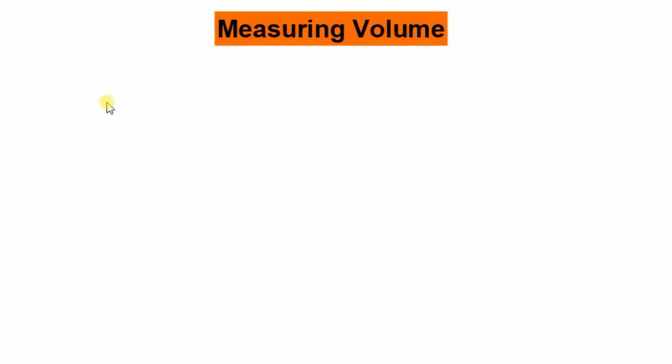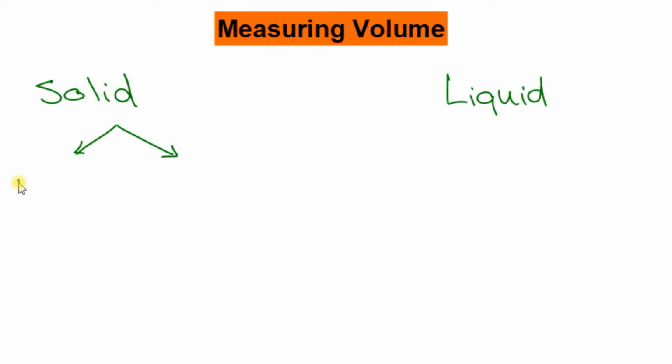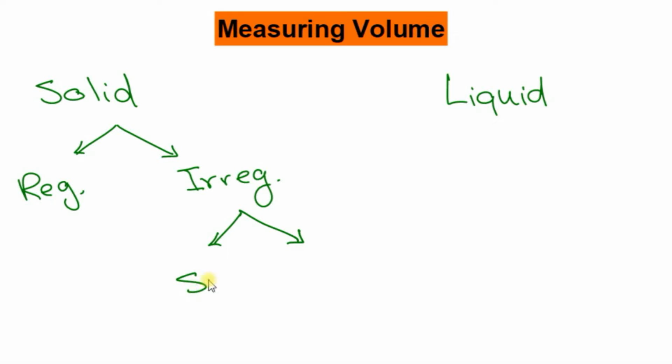To measure volume, we need to learn how to measure the volume of a solid object and a liquid. Solid objects can be either regular solids or irregular solids. Irregular solids can be either sinking or floating.